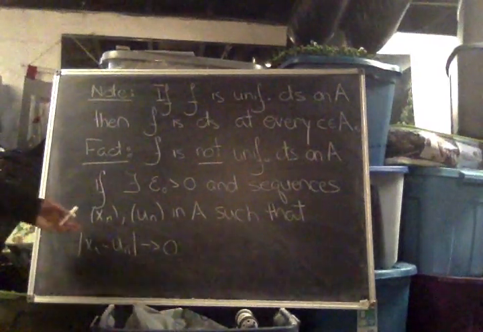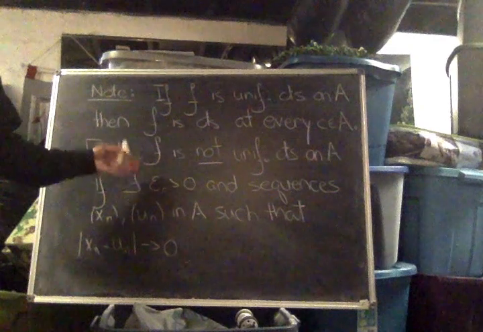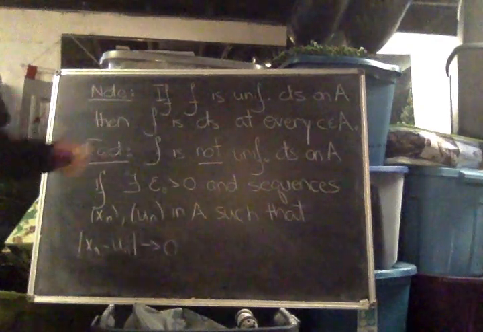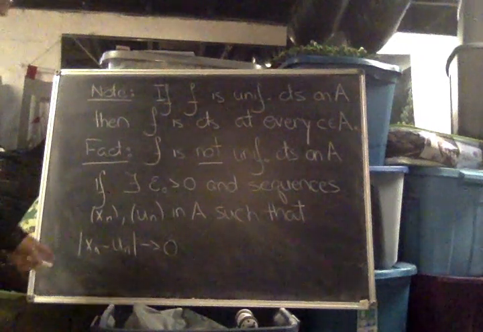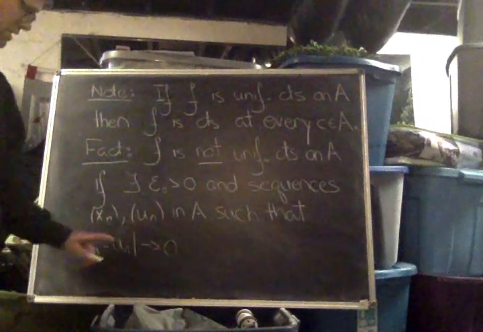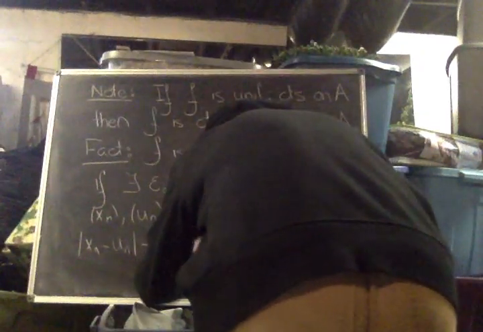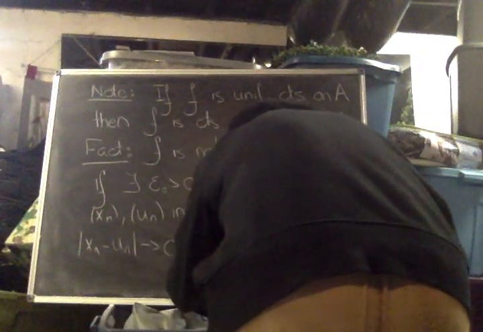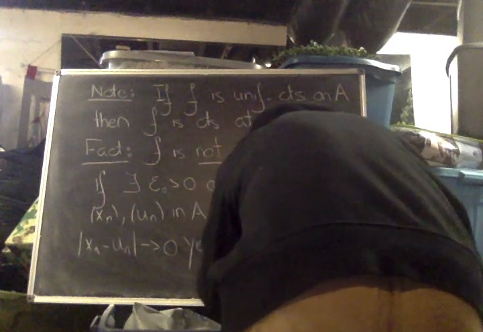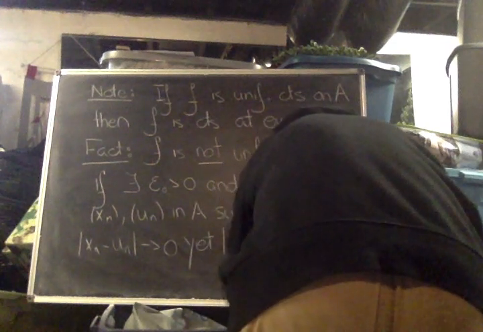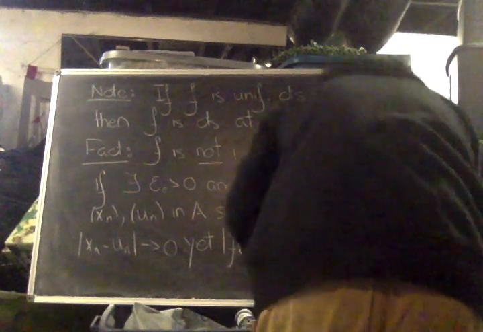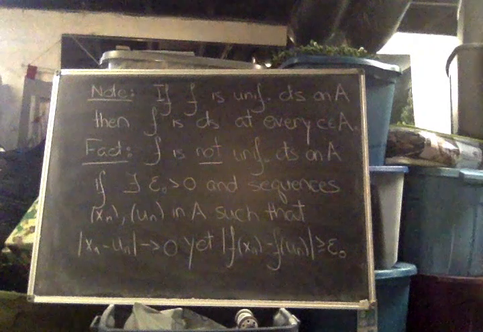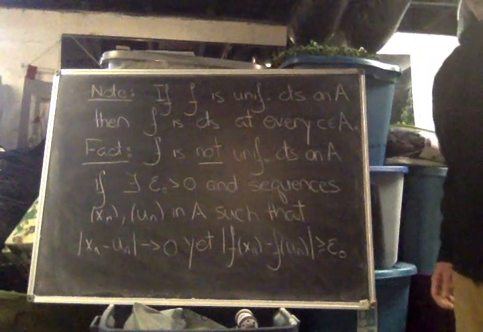So, if there's an epsilon naught greater than 0, and sequences xn and un in the domain A such that the distance from xn to un is going to 0, yet f of xn minus f of un is greater or equal to epsilon naught.